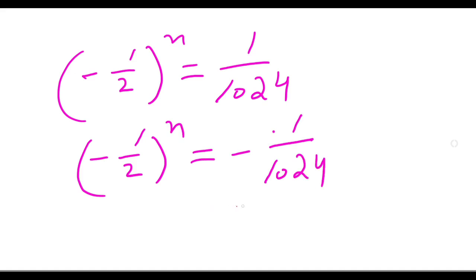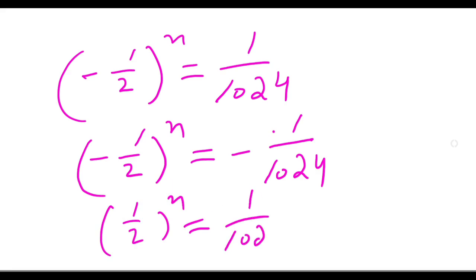Or I can write it like this also: 1 over 2 to the power n, and this is 1 over 1024. Still the same thing. Either I can make the left hand side positive, or I can make the right hand side negative. Now I can further solve. I can apply log here, because this is positive.